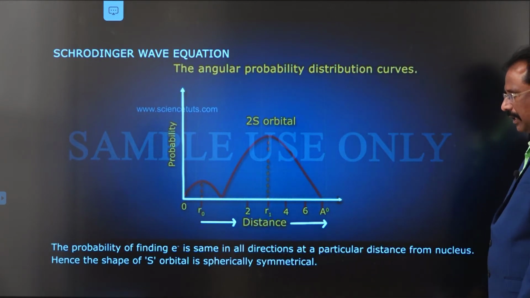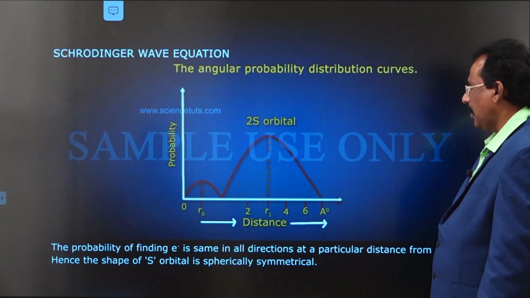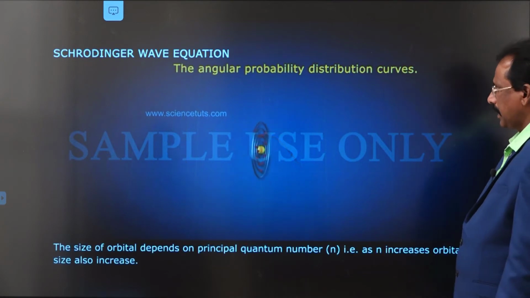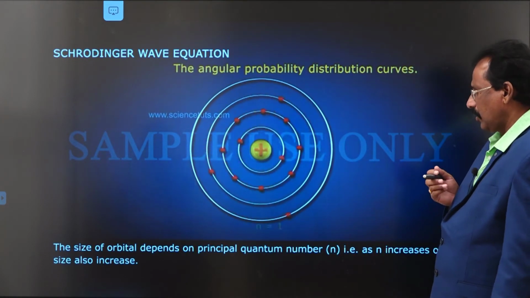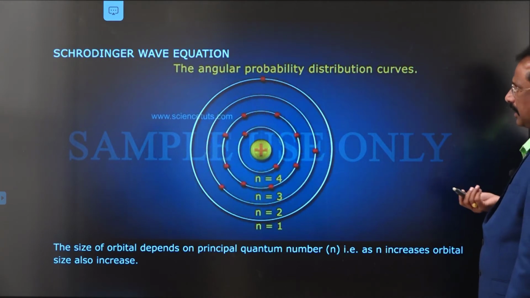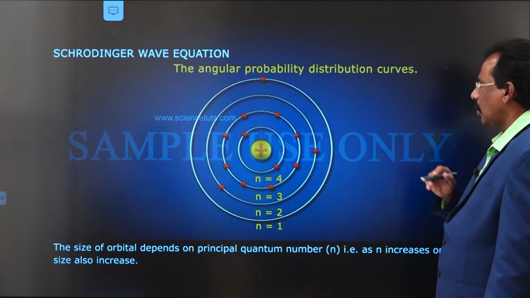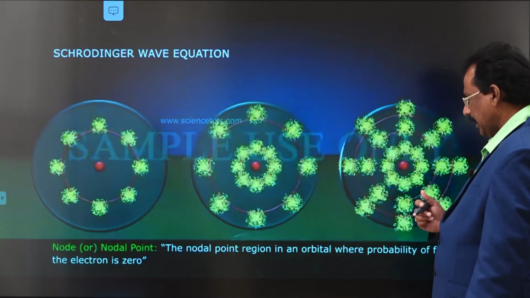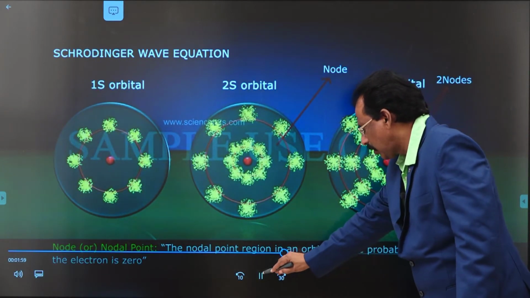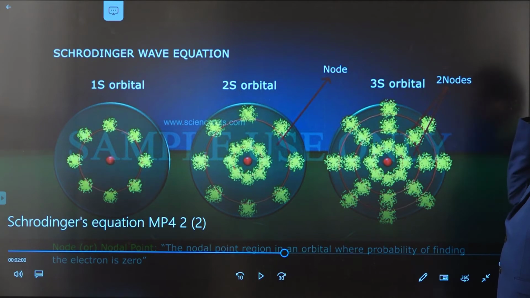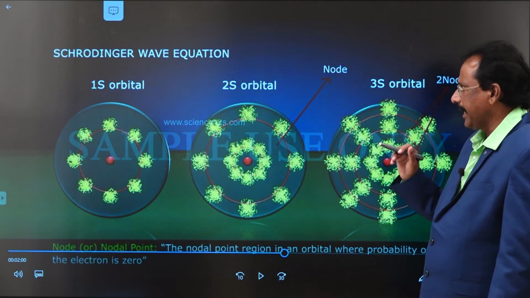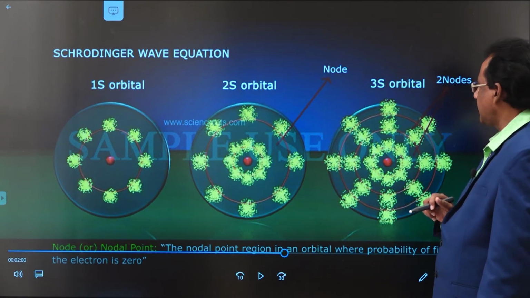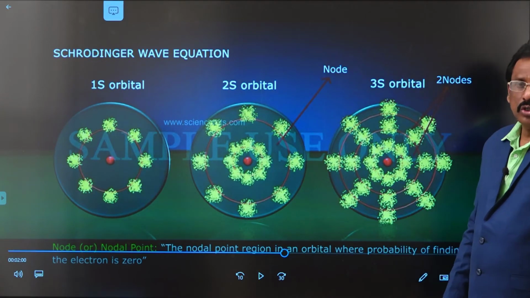When principal quantum number value increases, the shape is same, but the size and energy of the orbital also increase. Now another point is node.